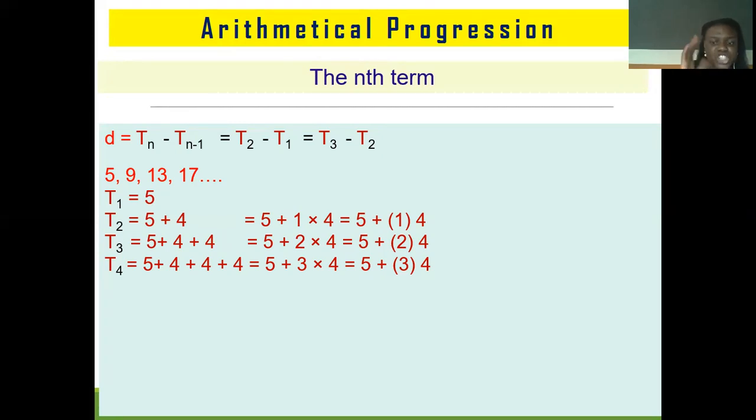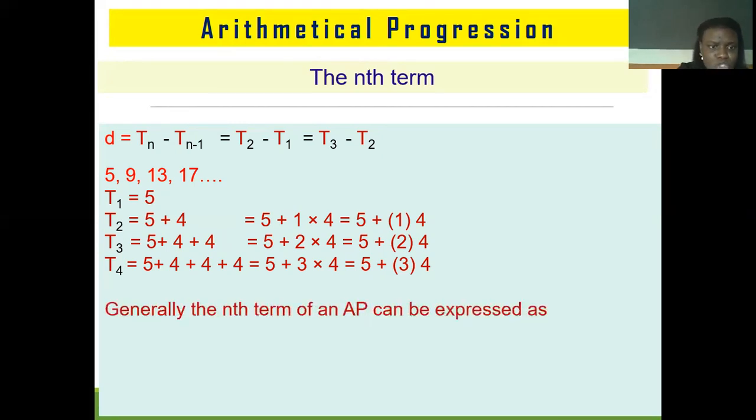Now, that gives us a general formula. So we can say that the nth term of any arithmetic progression can be expressed as Tn, where n is the number of the term, equals A, first term, plus n minus 1, that's the number of the term minus 1, bracket D, the common difference. Okay?